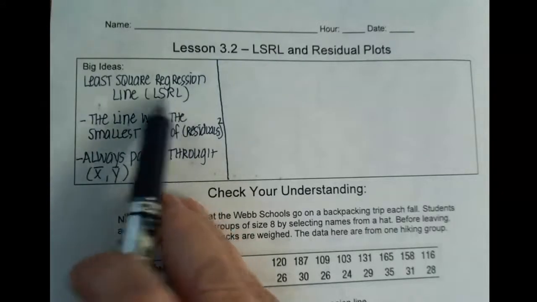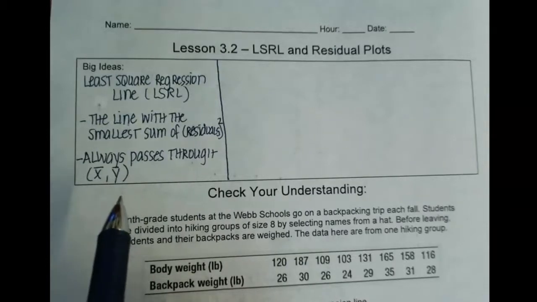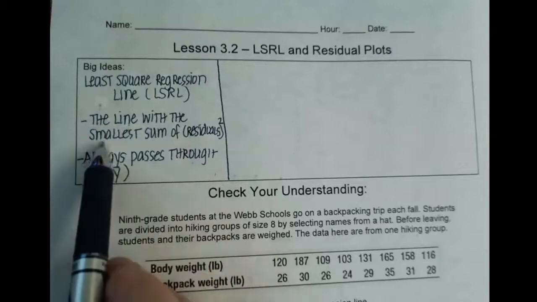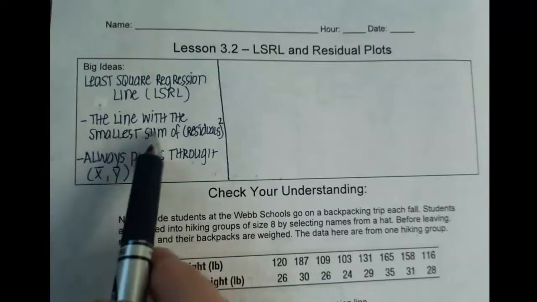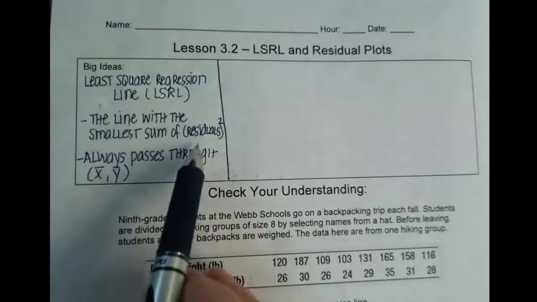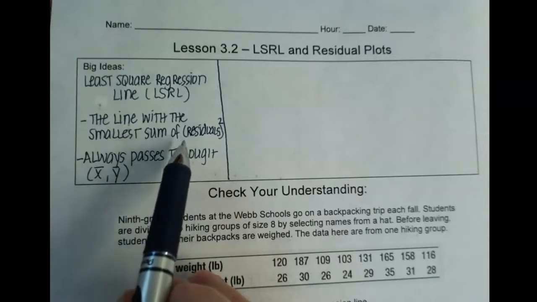It's the line that best finds the exact center of the data, and this line will have the smallest sum of residuals squared. That's why it's called the least square.